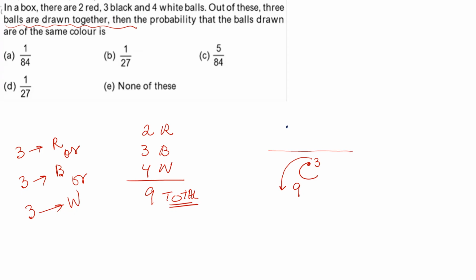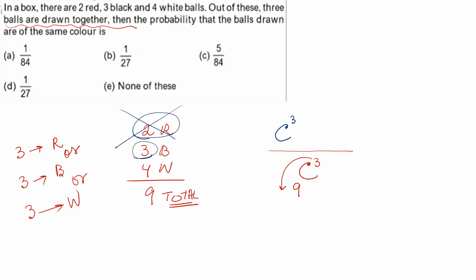We want 3 balls to be red. How many red balls are there in total? Total red balls are 2. So out of 2 balls, can I select 3 balls? No, so this case is not possible. Select the 3 balls so that all are black.